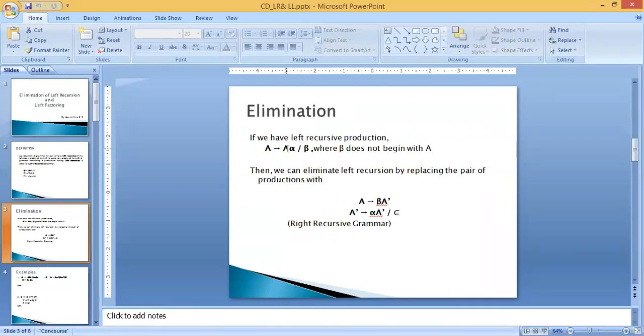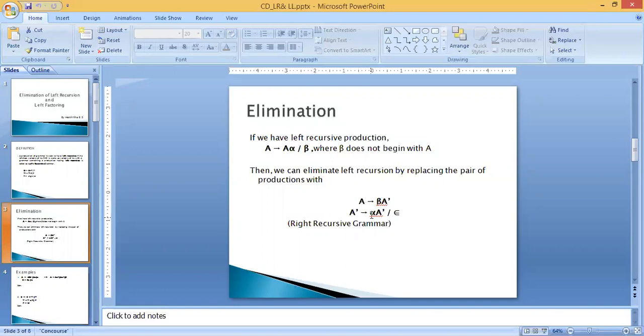We have two parts here, guys. One is the production which has left recursion, and the other one does not have left recursion. Remember, beta is the one which does not have left recursion, and alpha is the part associated with the left recursive production.